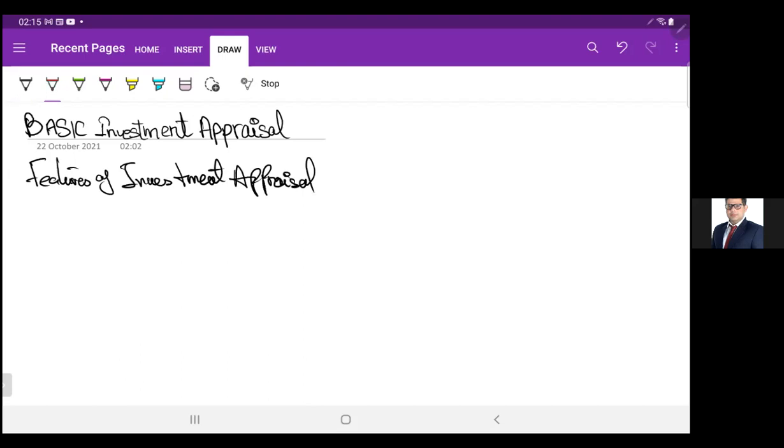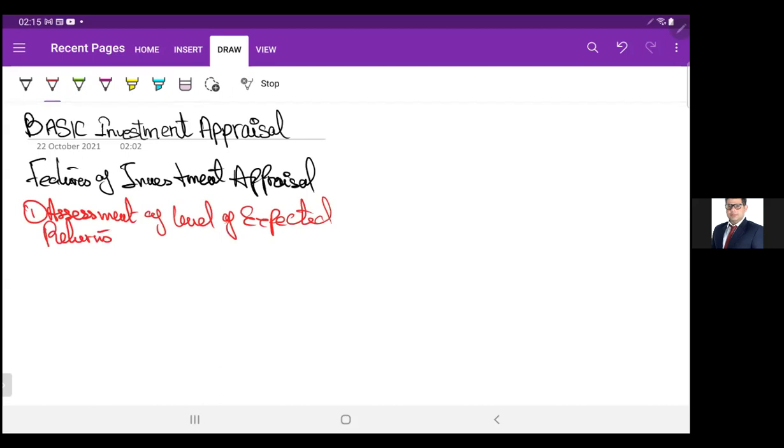Number one, it is the assessment of the level of expected returns earned for the level of expenditure made.